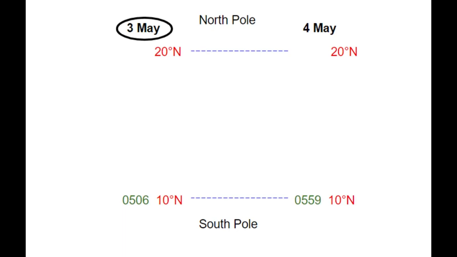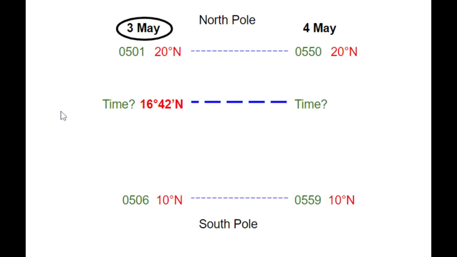At 20 degrees north, the moon is going to rise at 0501 on 3 May and 0550 on 4 May. We're somewhere in between there because we're at 16 degrees, 42 minutes north. We need to figure out what time the moon is going to rise on both of those days.